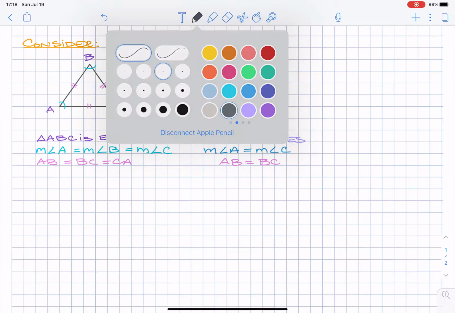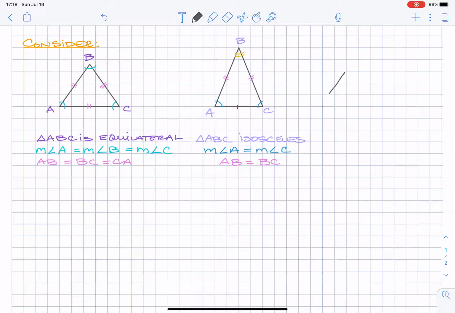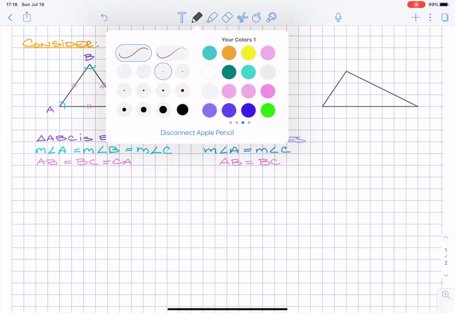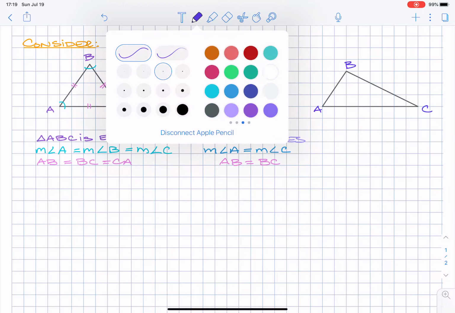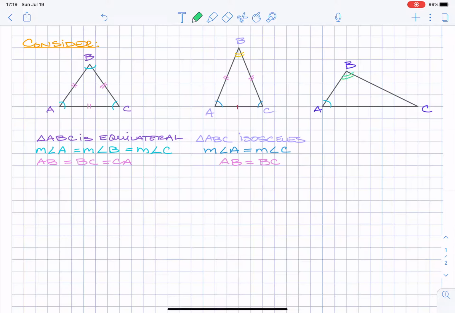Then the third type of triangle is what's termed scalene. I just said that isosceles means same side or equal side. Scalene just means side in Greek, but three different sides. So if this were triangle ABC, we would have that each angle, angle A, angle B, and angle C, would differ.